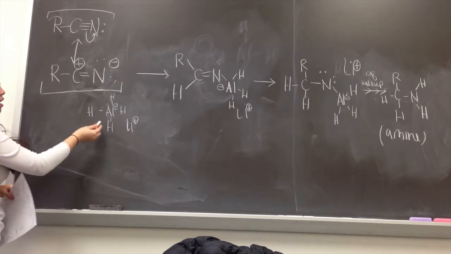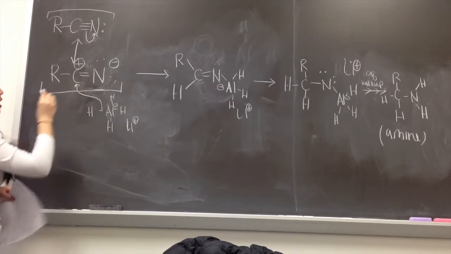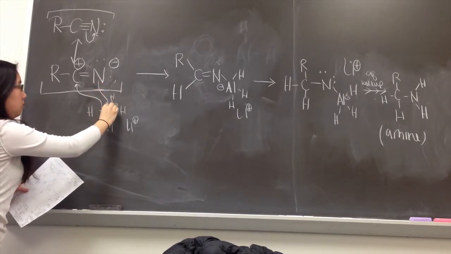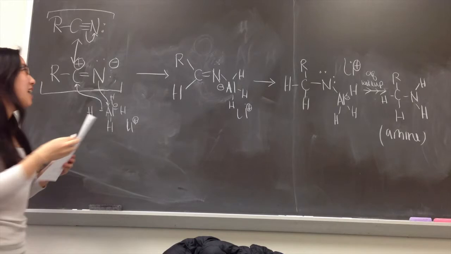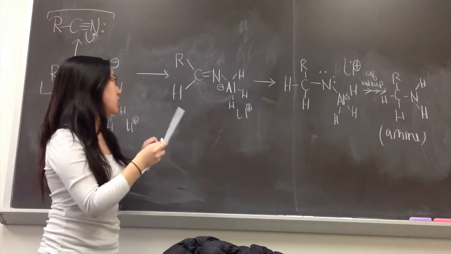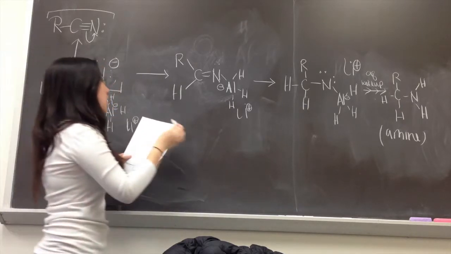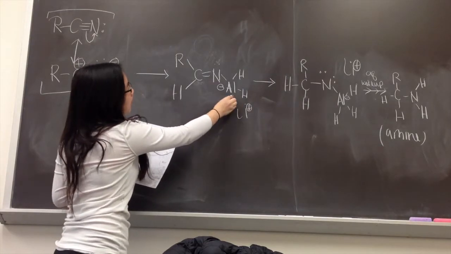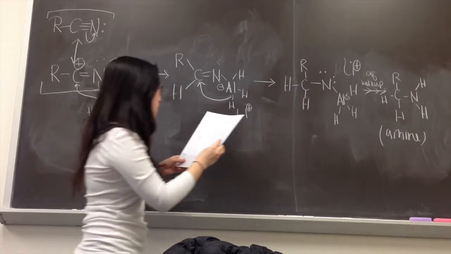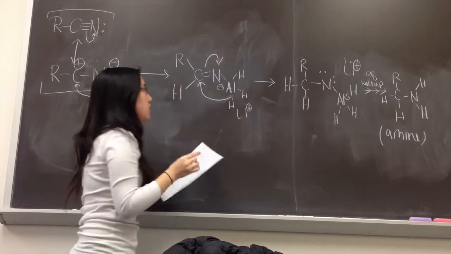Thus, a hydrogen bond from the LAH will come and bind to the carbon, and the nitrogen will attack and bind to the aluminum. Then this creates a structure where the aluminum is bound to the nitrogen and the carbon is attached to one hydrogen. So the hydrogen bond from the aluminum attacks the carbon again, and one of the bonds from the CN pushes onto the nitrogen.